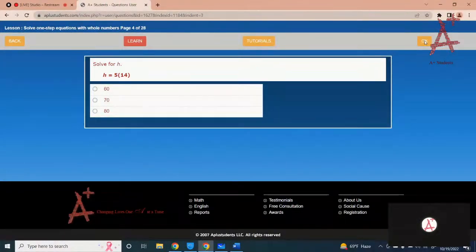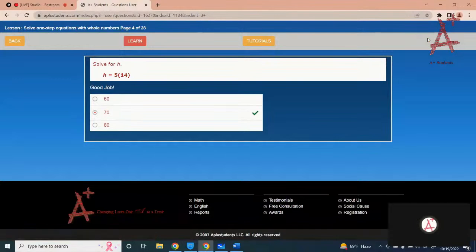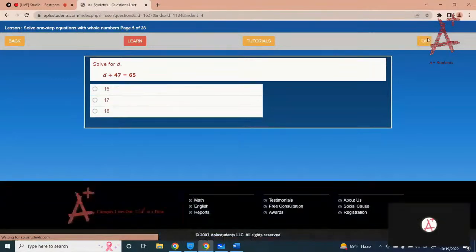Got it? So the correct option is 70. So select the correct option and click on the OK button. Okay, solve for d. d plus 47 equals 65.